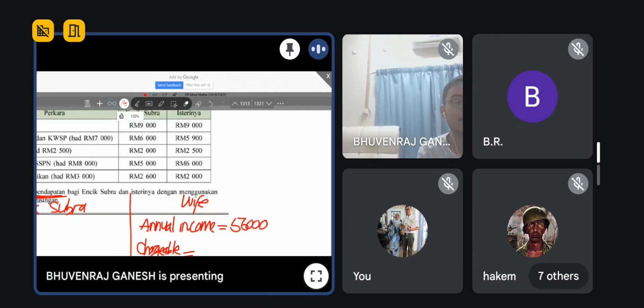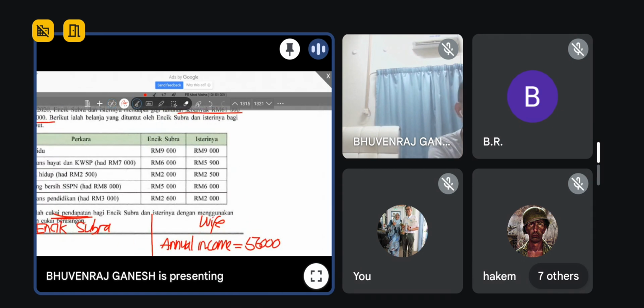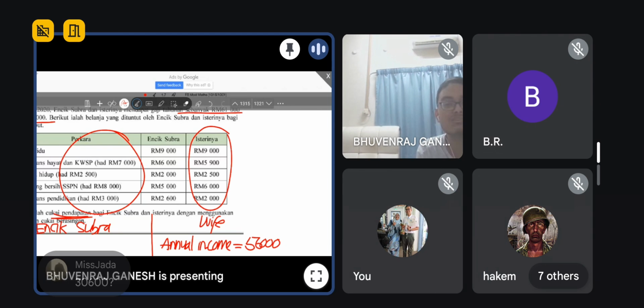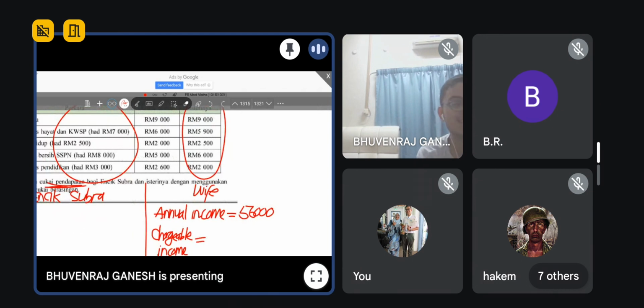Okay, so now chargeable income. So you refer over here. This is your values. This is your limits. Okay, so first person, Miss Jada, are you female? Should be, right? Wow, so fast already. Not bad. Okay. I think girls team is going to win already, like this. So fast. So 56,000. Let me check and see. This one is your chargeable income, right?